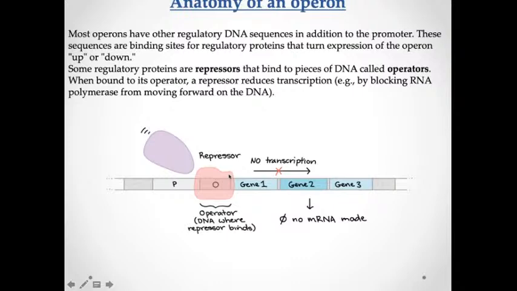Some regulatory proteins are repressors that bind to pieces of DNA called operators, and when bound to the operator, the repressor reduces transcription. It doesn't let the RNA polymerase attach to the promoter, leading to less transcription, and no mRNA is made.